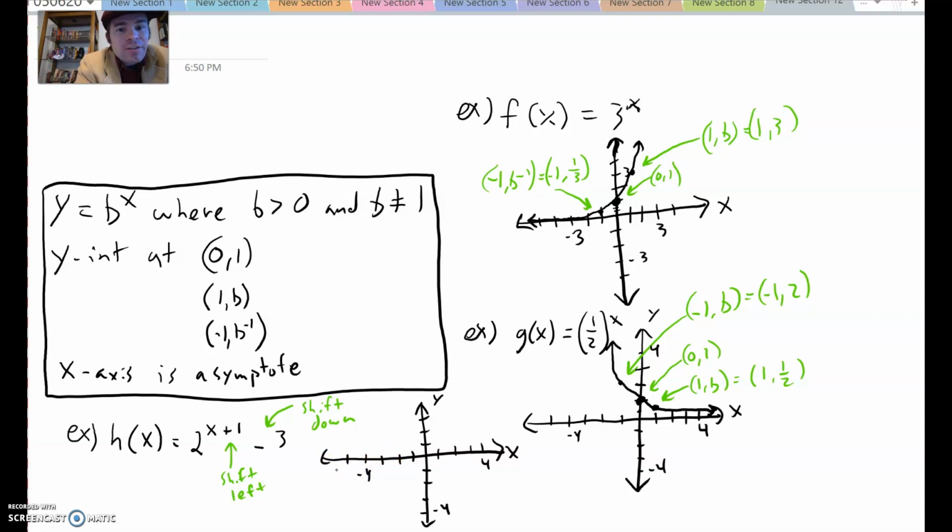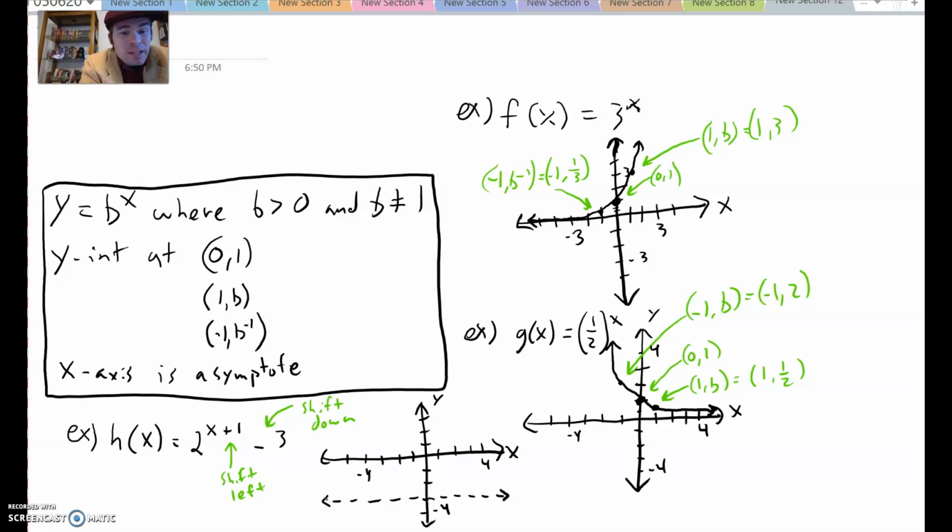By shifting down 3, we have shifted that asymptote off of the x-axis so that it's now down at negative 3. Because we've done that, we now have to draw the asymptote. It'll be drawn as a dashed line, and it has arrowheads because it continues forever as well. And so we draw that asymptote down here.